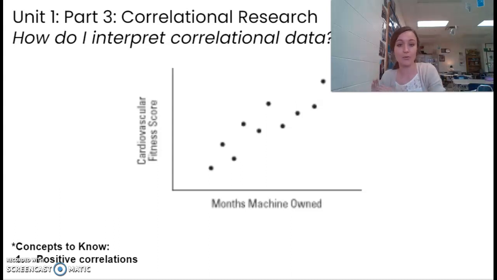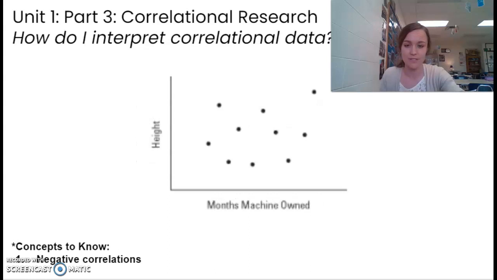We see it's going in the opposite direction now. Now we see it's moving upward. So the longer the person's owned an exercise machine, the higher they're scoring on a cardiovascular fitness test. And so we would call this positive because as one variable goes up along one axis, it's also going up along the other axis. So this is a positive correlation.